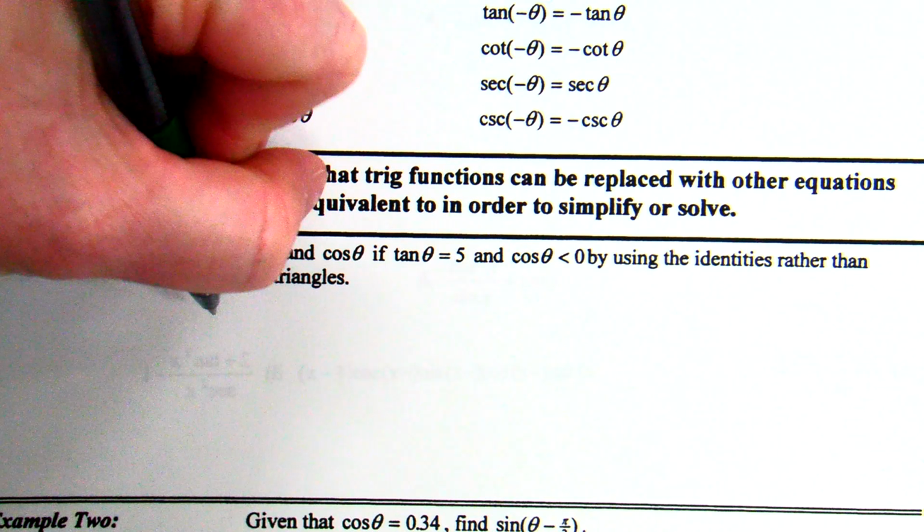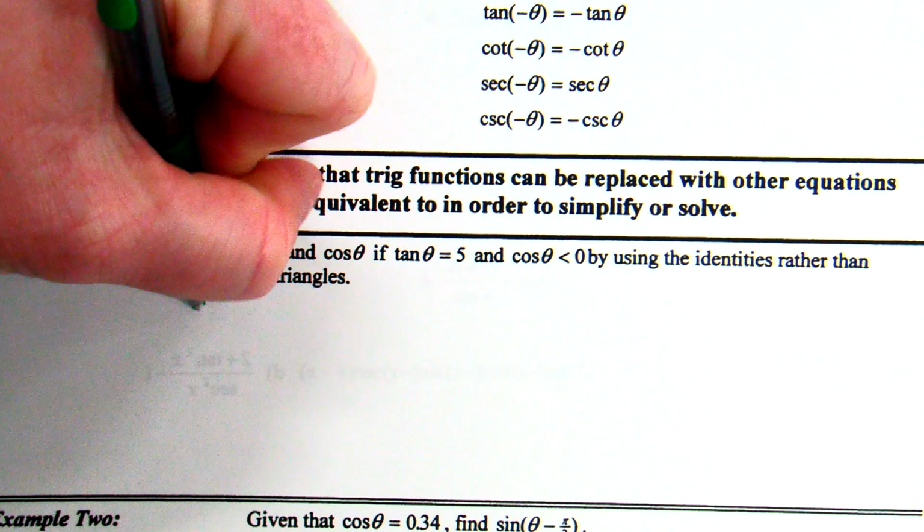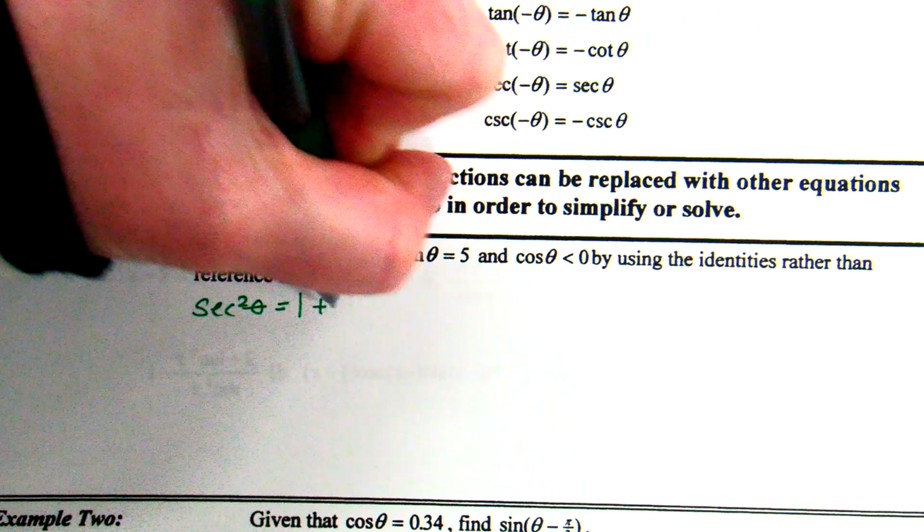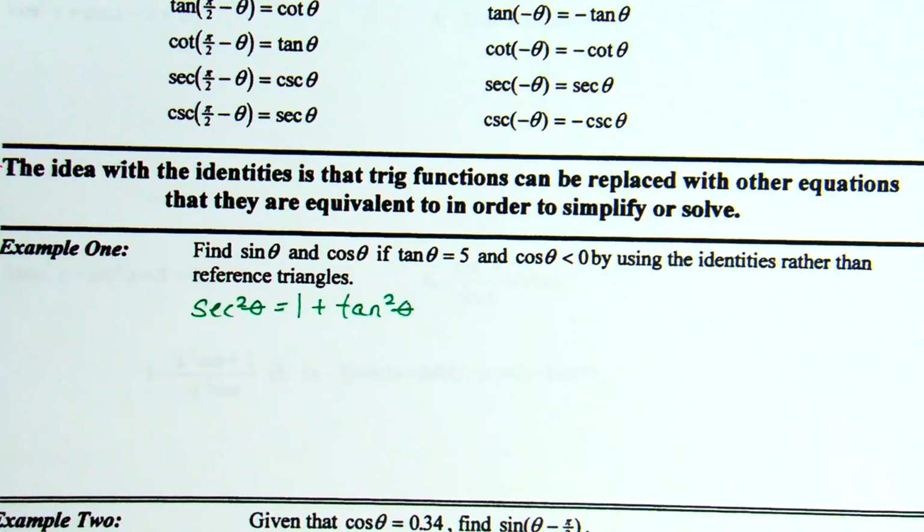And I'm actually going to, will you guys throw a fit if I flip that around and say secant squared theta equals 1 plus tangent squared theta? Okay, so where did that come from? Pythagorean identity, right? I didn't do any magic. I just copied down a Pythagorean identity.